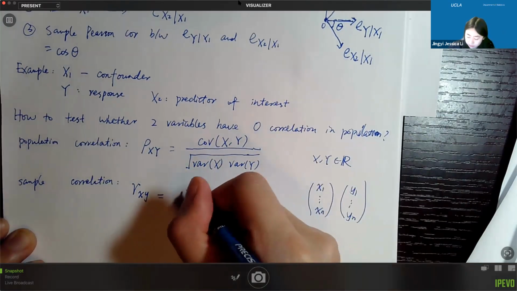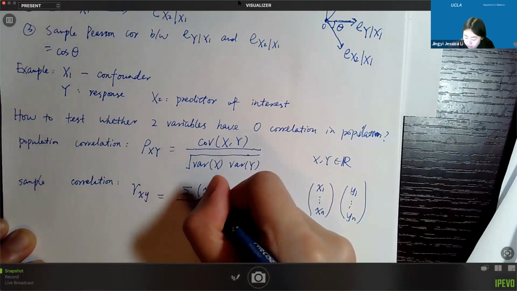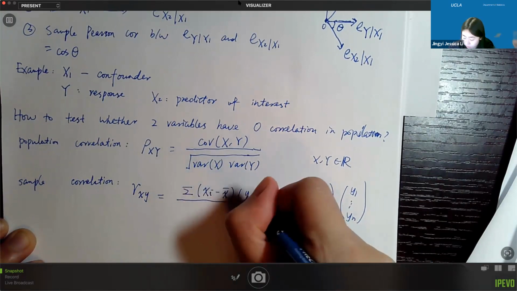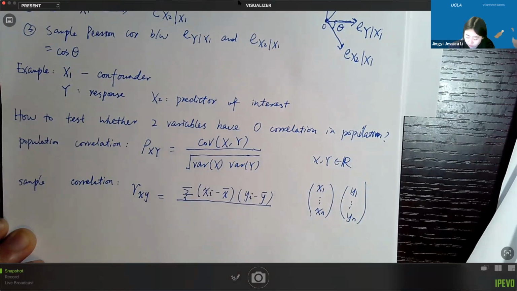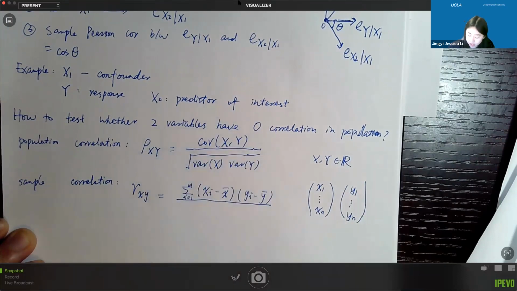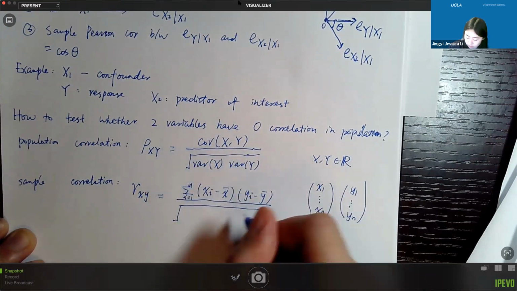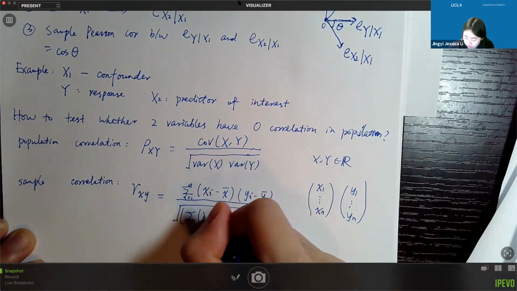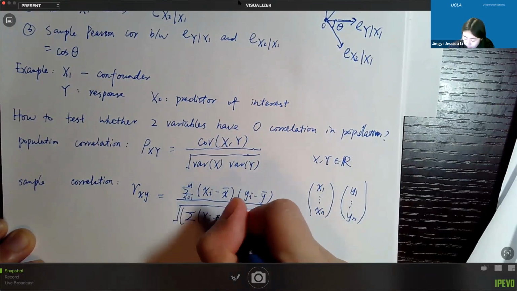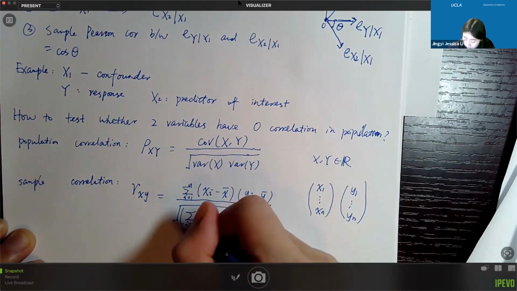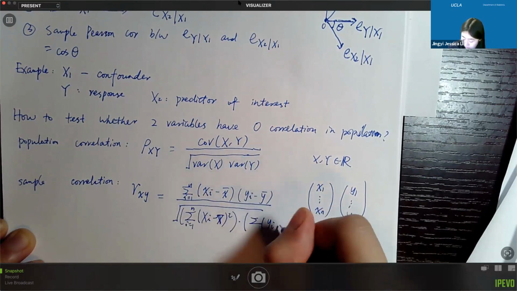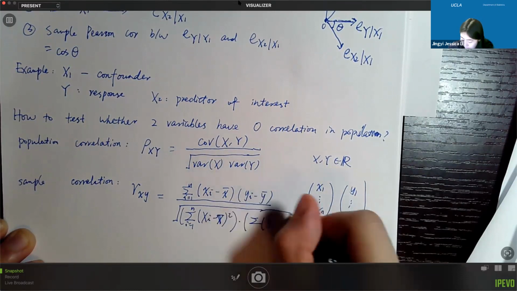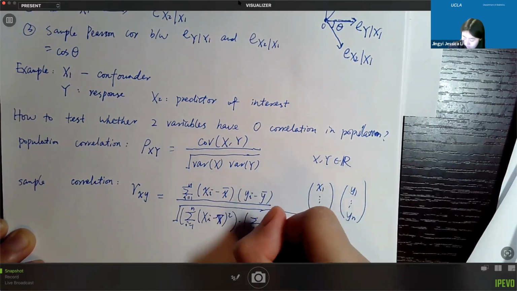It's the summation over i from 1 to n of xi minus x bar times yi minus y bar, and in the square root denominator we have the summation of xi minus x bar squared times the summation of yi minus y bar squared, i from 1 to n.